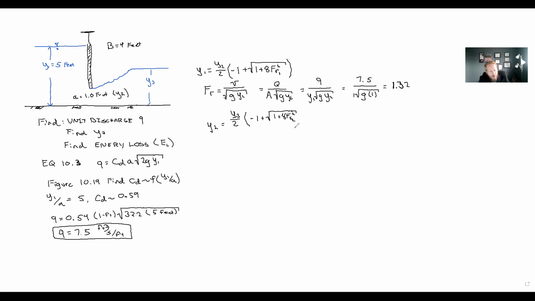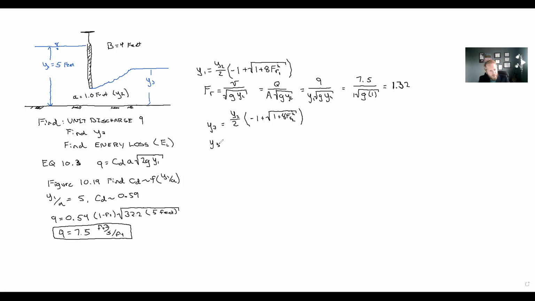Actually, correction. We want to solve for y3 because we already know y2, so correction.